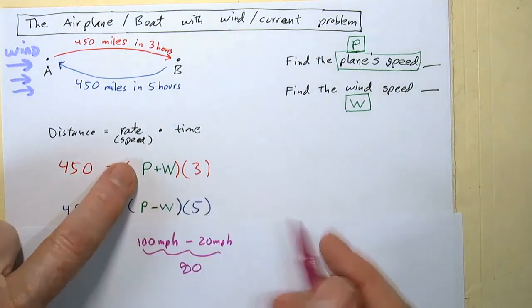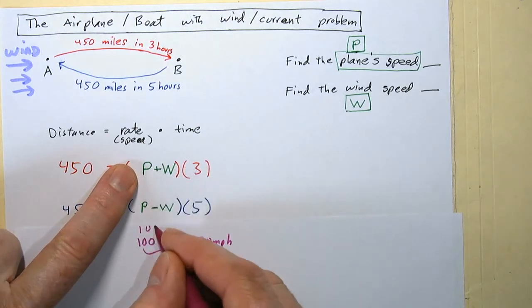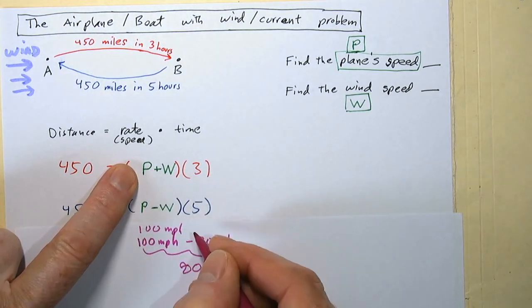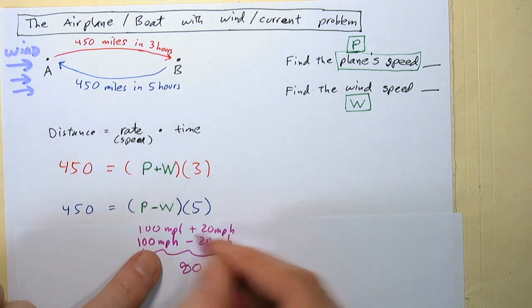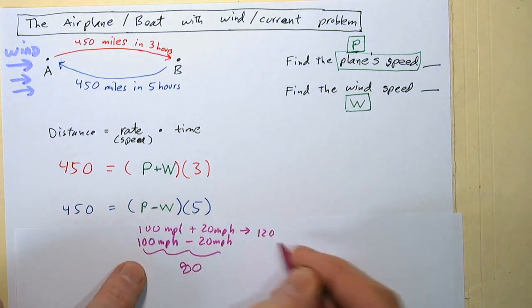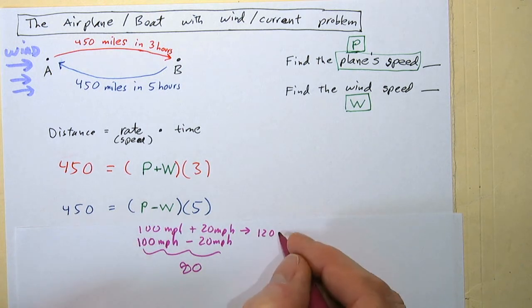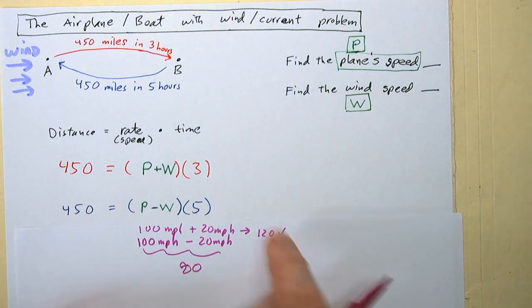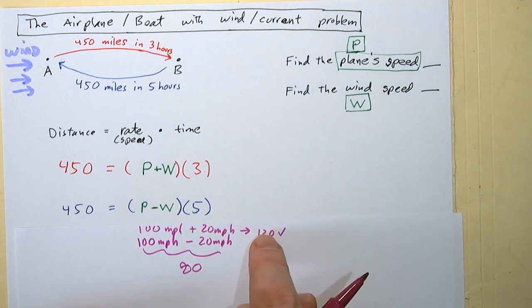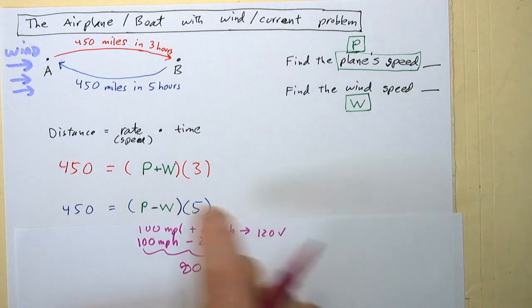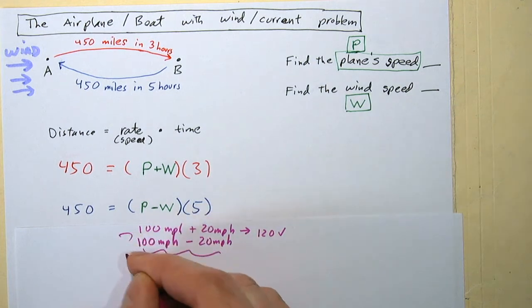But going there, he set the gas for 100 miles an hour, but he got a boost of 20 miles per hour from the wind. So actually when he's going there, he's covering the ground at 120. See how he got there faster? He set the plane at a speed, got a little wind boost, so he actually moved a little faster. Here he went a little slower. So we've got to figure out what it really is. I just made these numbers up.